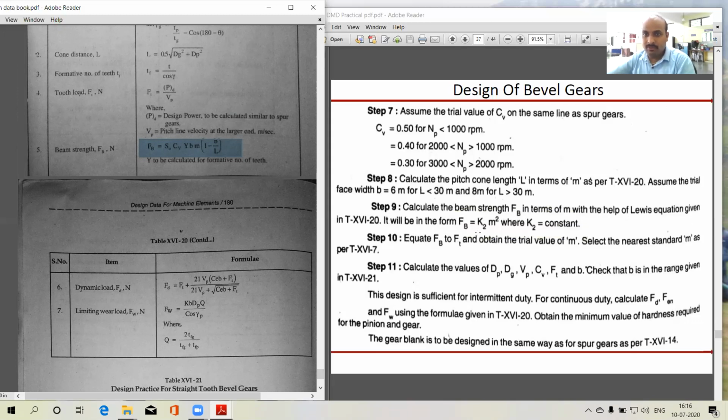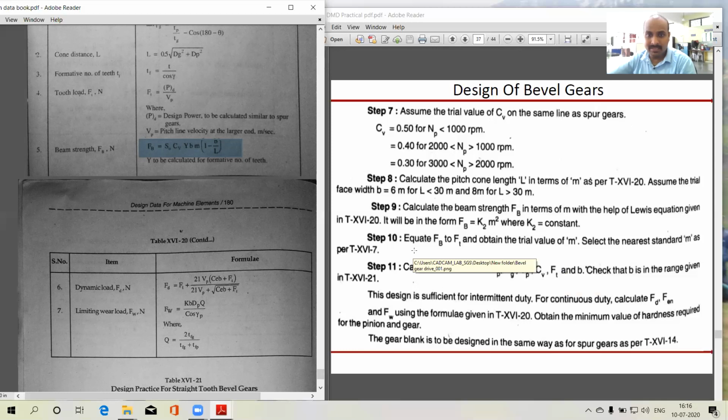It will be in the form of module square. Up till now we don't have the value for module for calculating FB, for calculating FT, for calculating VP, for calculating module also. We don't have a value for module. That's why all the calculations are in the form of module up till now.